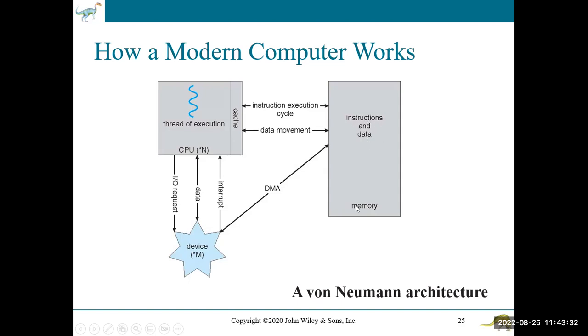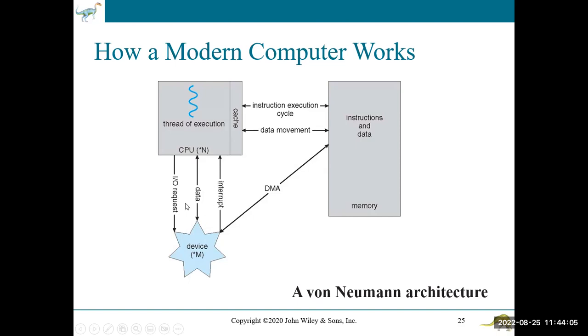Instructions and data in memory. So this is just a different way of representing the von Neumann architecture. Am I going to try to trick you on your exam or on your assessment? No, I'm not going to throw this diagram at you. However, I would still encourage you to study this diagram because it's a fresh view of von Neumann, and there are some subtleties that occur from this diagram that you don't get from the other one, like interrupts.